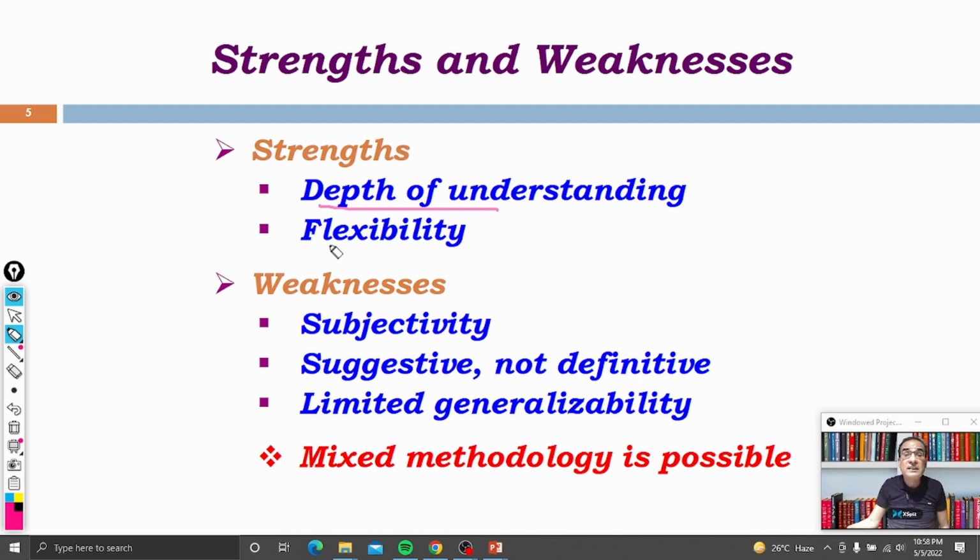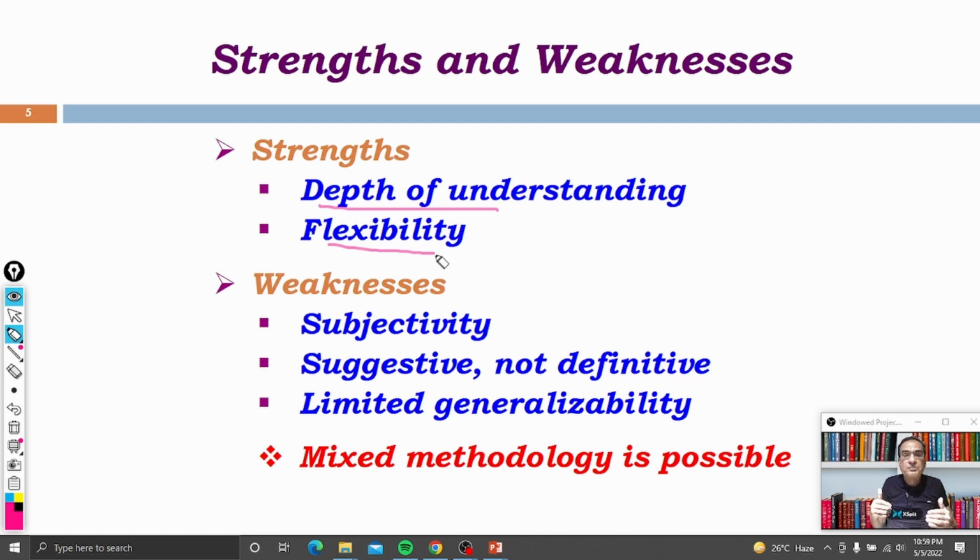Another strength is flexibility in qualitative research. It does not mean 2 and 2 make 4. So it's logically a natural type of research.